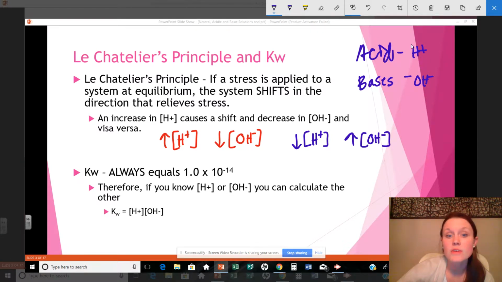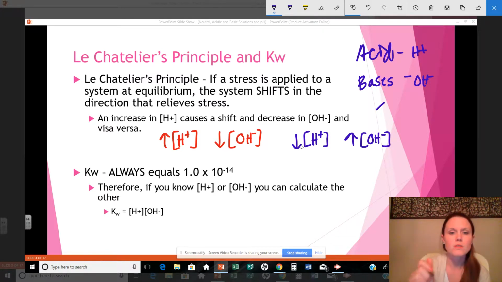So if you have an acidic solution, your concentration of hydrogen is going to go up, which would mean the concentration of hydroxide is going to go down. Whereas if you have a basic solution, your concentration of hydroxide will go up, which will mean the concentration of hydrogens will go down. Okay, so that's how Le Chatelier's principle relates to our conversation of acids and bases.